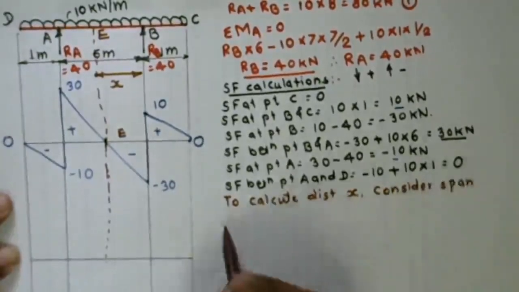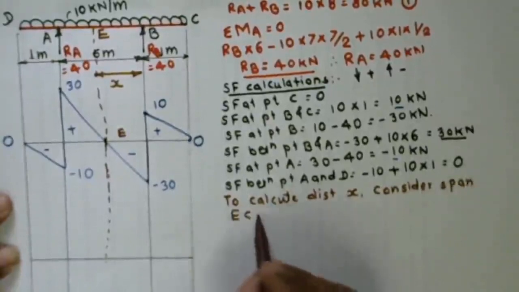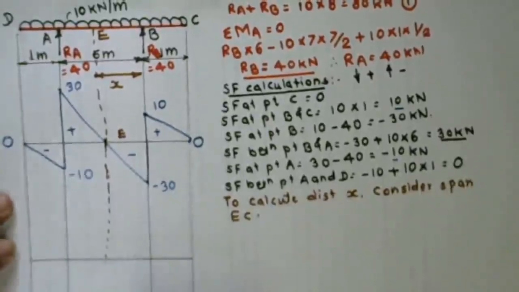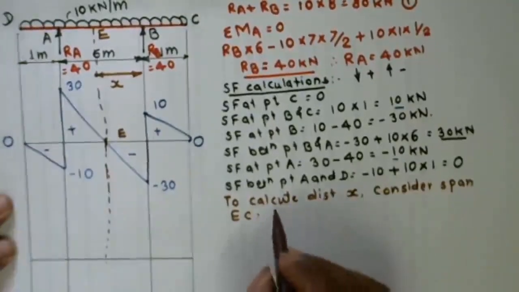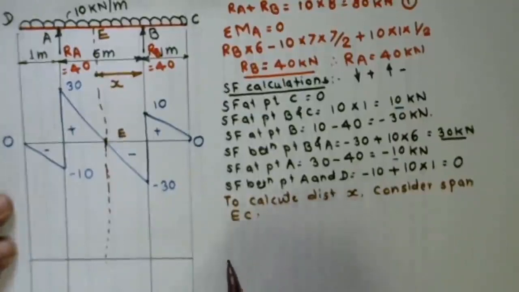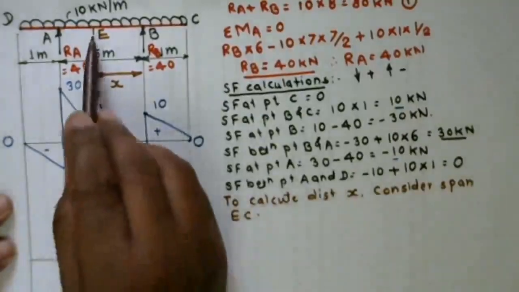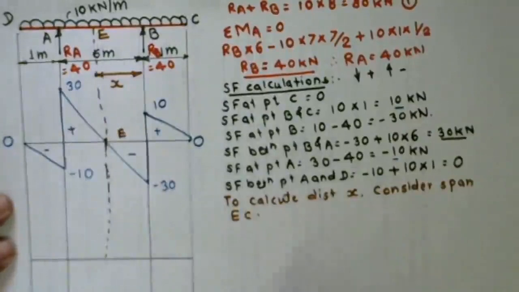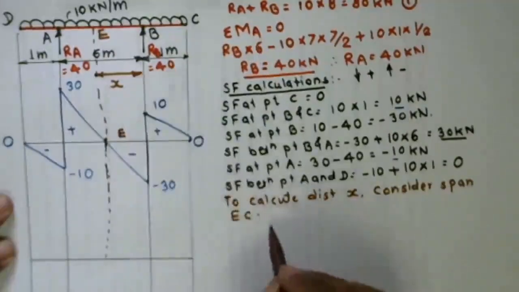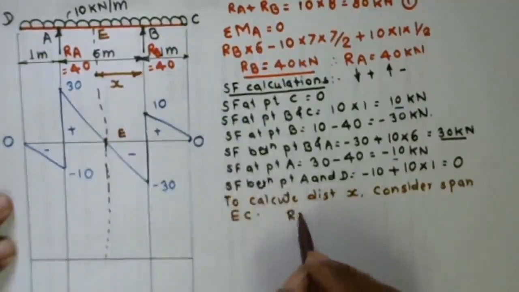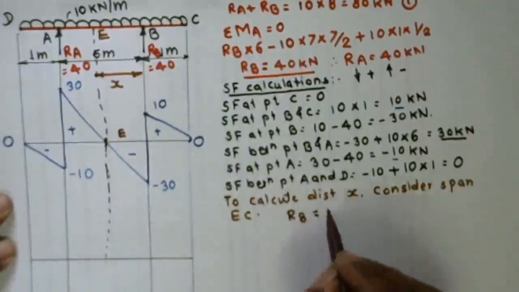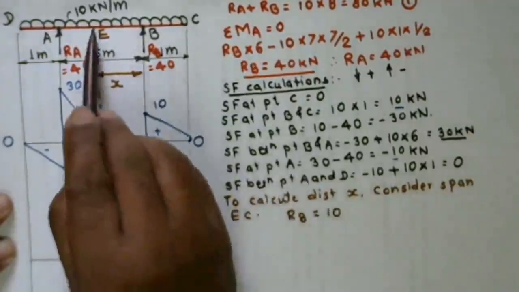So I apply the equilibrium condition, summation Fy is equal to 0. It means upward forces are equal to downward forces. In that case the upward force is only RB and the downward force is 10 and its distance is 10.